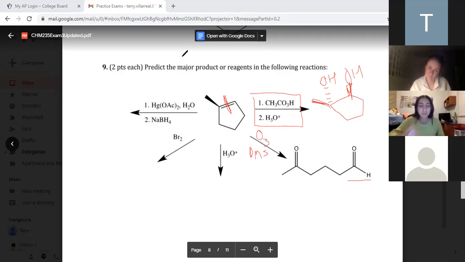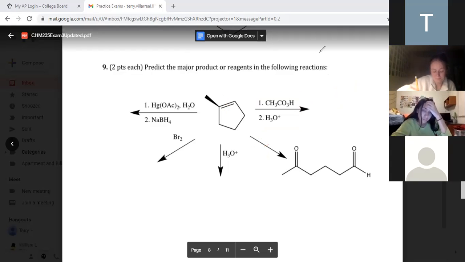So you could get this and the enantiomer of this one. Other questions?